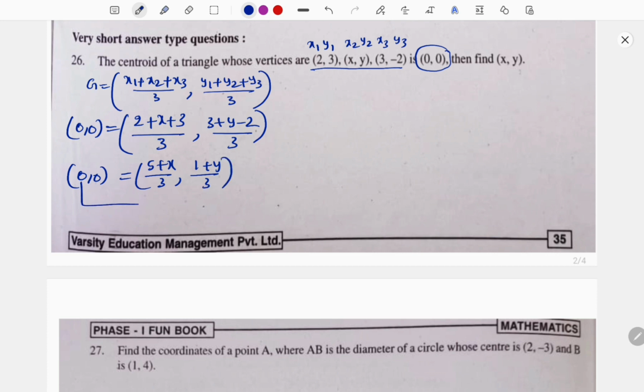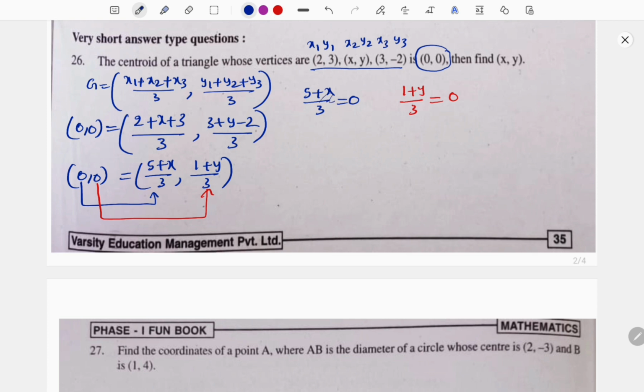Now equating the first coordinates, 5 plus x by 3 is equal to 0. Then equating the second coordinates, 1 plus y by 3 is equal to 0.